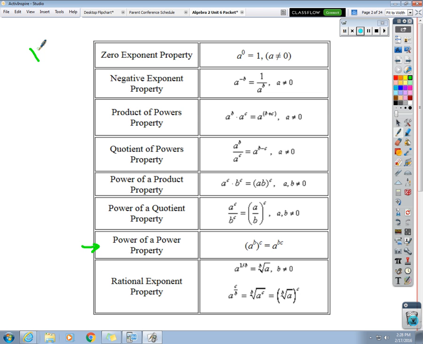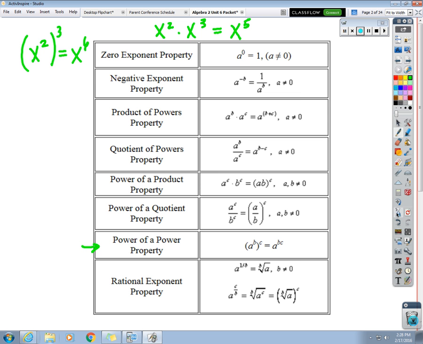So if you have x squared, but that x squared is cubed, you would multiply the 2 and the 3 and get x to the 6th power. Don't confuse it with the product of powers. If it had been x squared times x cubed, that's x to the 5th, because you add when you're multiplying two different terms. But when you have one term and it's a power to a power, you multiply the two powers.